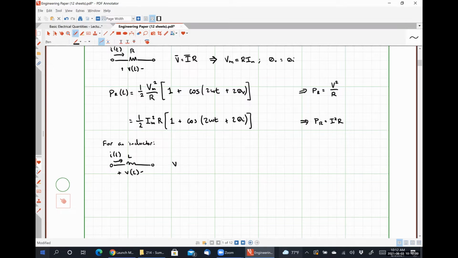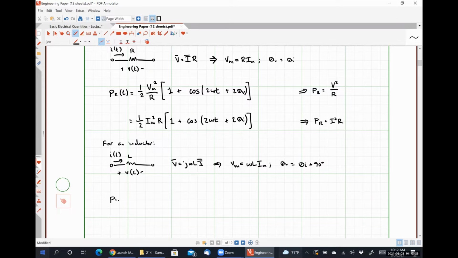If you recall, our phasor relationship was V is equal to j omega L times I. So we saw that the magnitude of the voltage was omega L times Im, and the phase angle of the voltage was equal to the phase angle of the current plus 90 degrees.